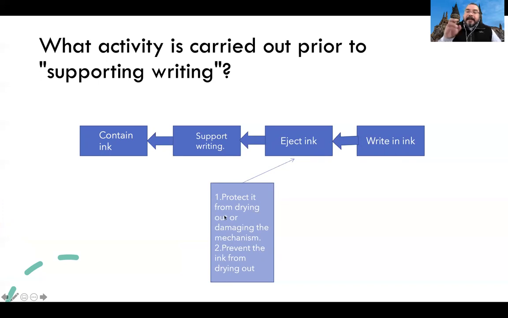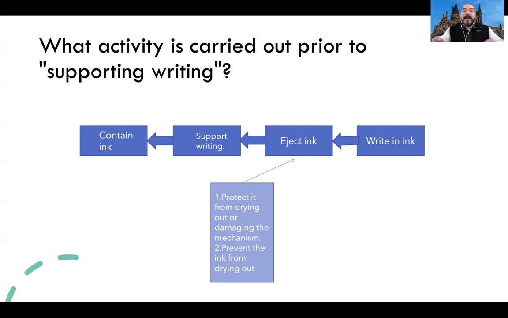And the improvement of a pen comes from here: how to better protect the mechanism and the ink from drying out. Those are two very important parts. So the other parts are essential, and we can improve this pen.